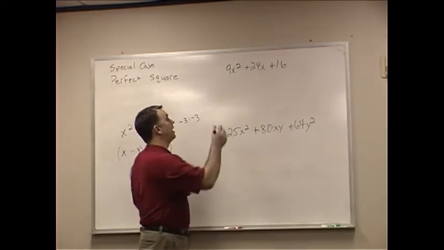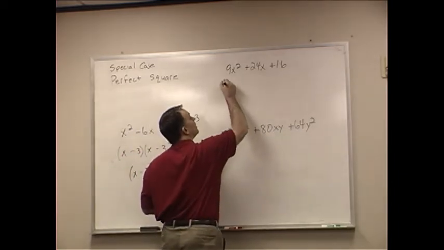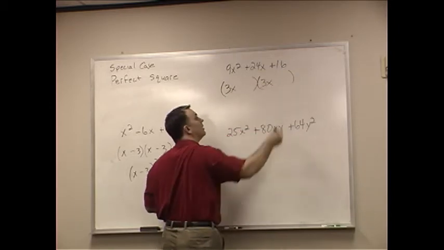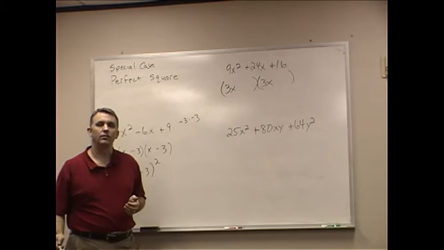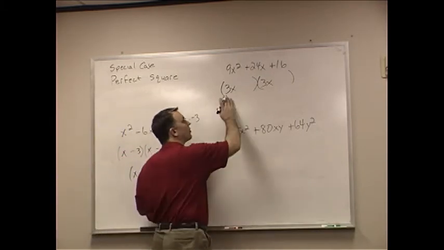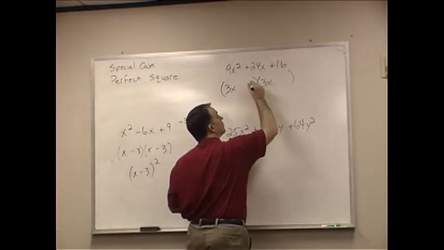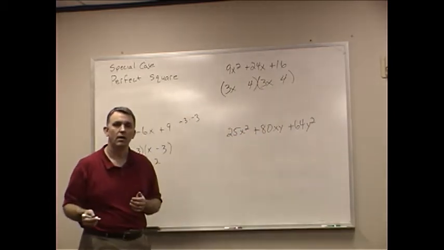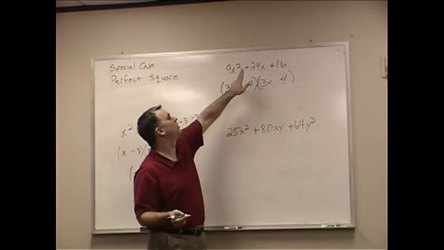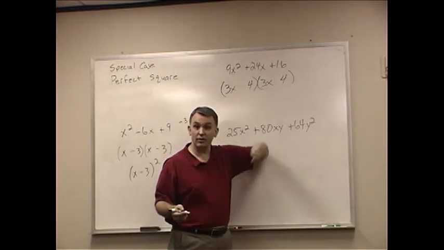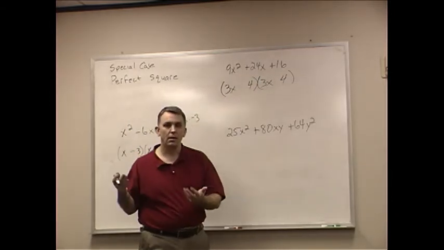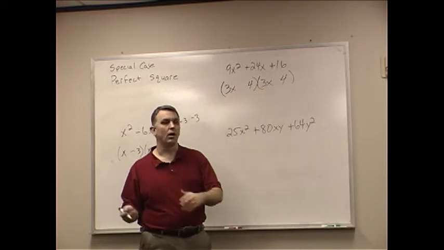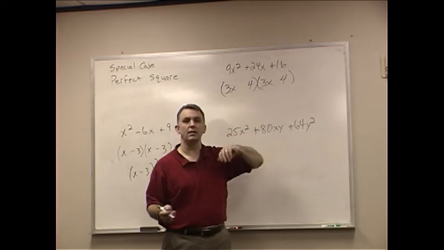If you can, go on ahead and try and see if it's a perfect square. So 3x and 3x, and the square root of 16 is 4 and 4. Now, if you look at your middle term, to get positive 16, the only way to get a positive is a positive times a positive, isn't it? Or a negative times a negative.